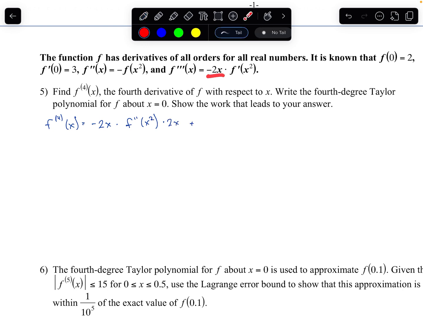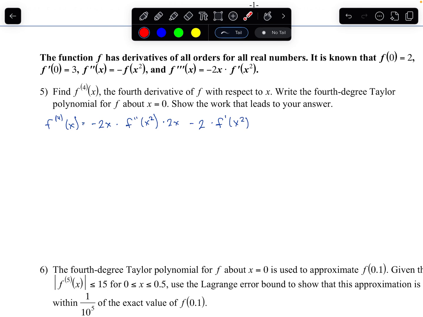Plus, we got the first times the derivative of the second, that's what we have here, plus the derivative of the first, which would be minus 2, times the second, f prime of x squared. And I don't think I care to simplify. I'm just going to leave it like this right here.